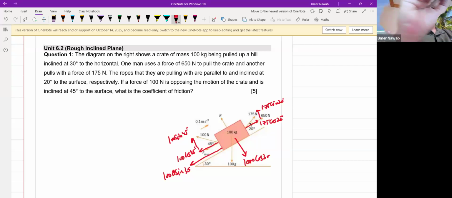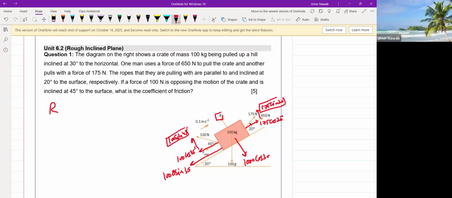I need to get my reaction R first. So reaction should be equal to this plus this. So let me write here R plus 100 sine of 45 plus 175 sine of 20.